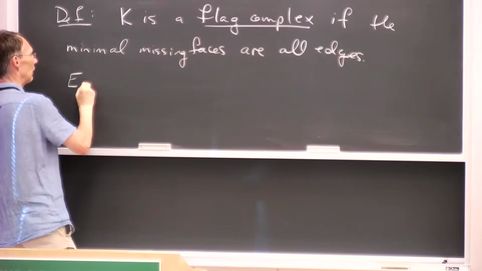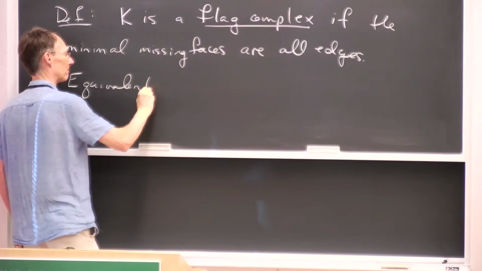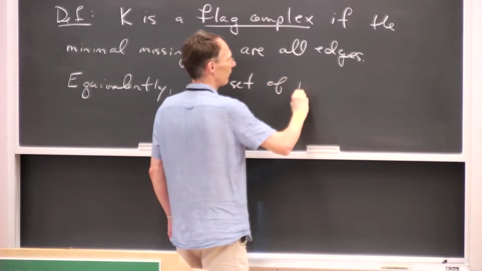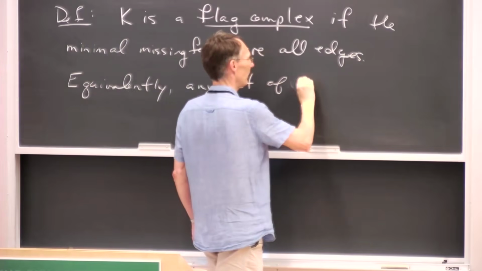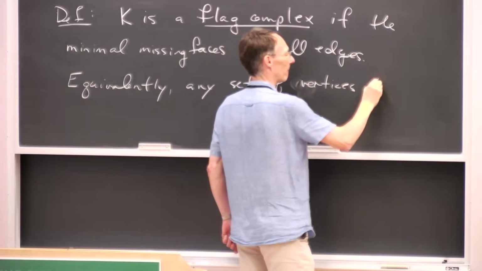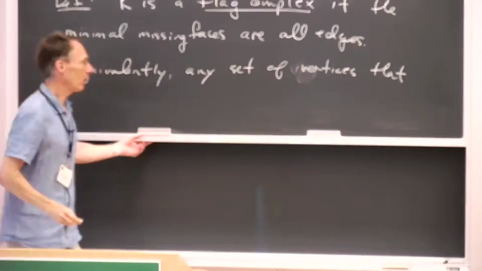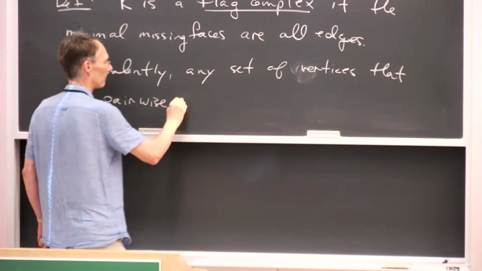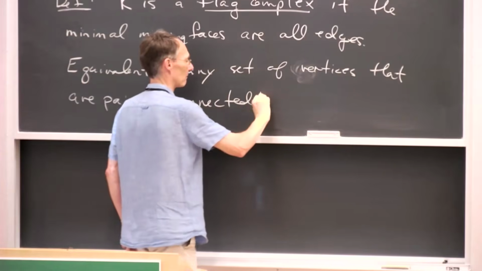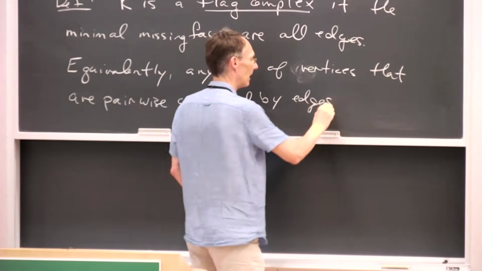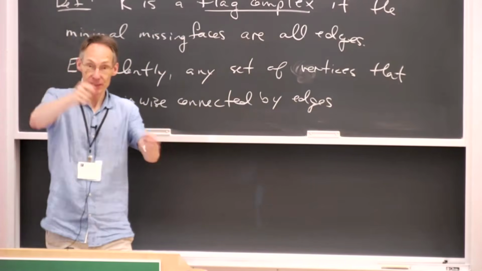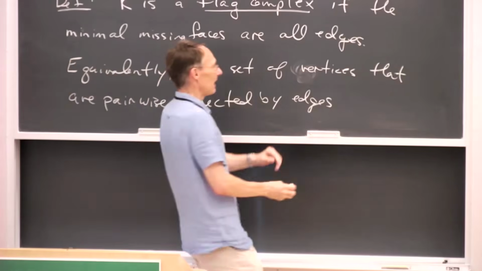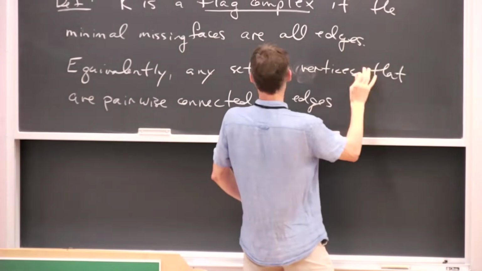Equivalently, if you have any set of vertices that are pairwise connected by edges, so that means you have a bunch of vertices and you have an edge between every possible two vertices, in this case, any set of vertices spans a simplex.